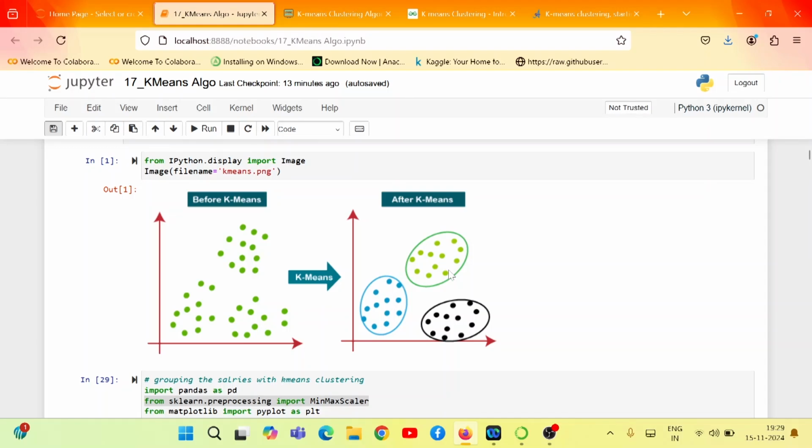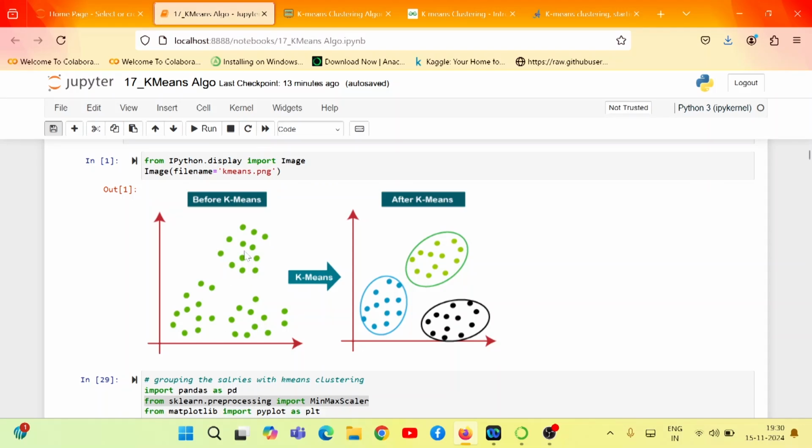The number of clusters is represented by capital K. Since we have to divide this given data set into, let's say, 3 clusters, the K value for this data set would be 3, right?